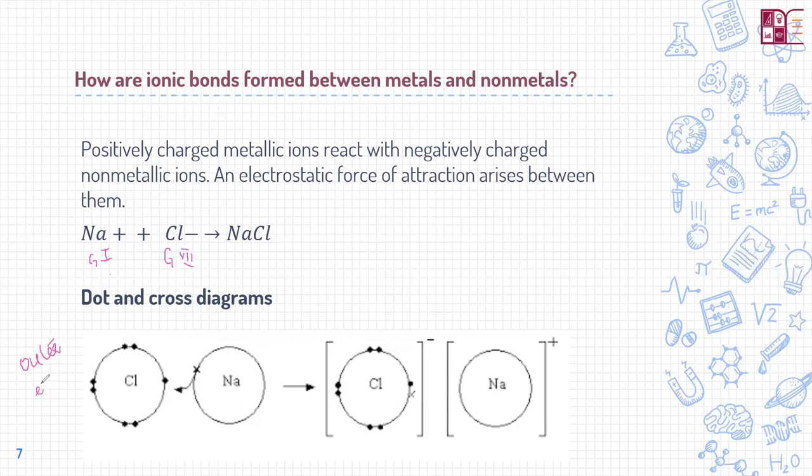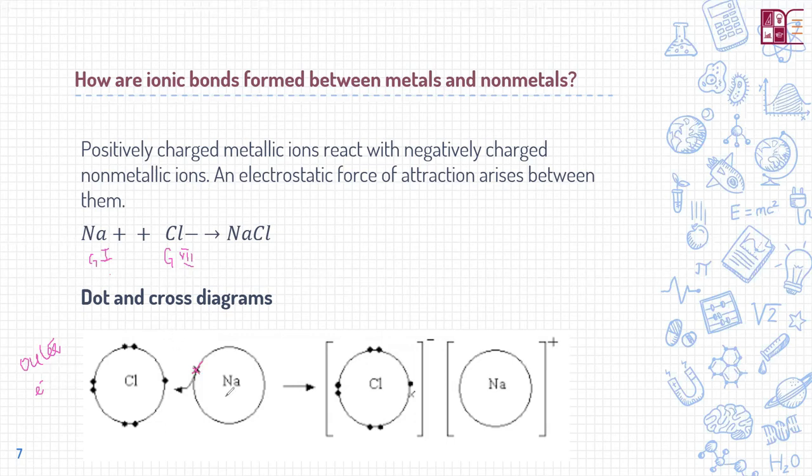This is the reason only the outer electrons of the valence shell are represented, and that is the reason other shells are not shown in this diagram. So only the outer electrons, which are represented here by dots, and the other atom has its electrons represented by an X.